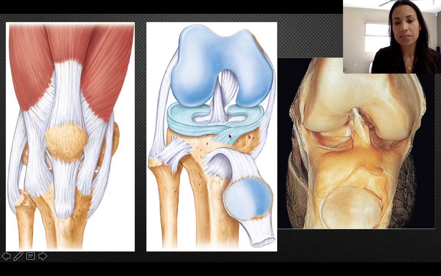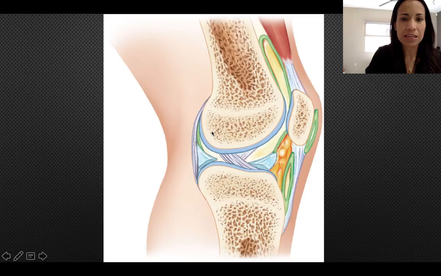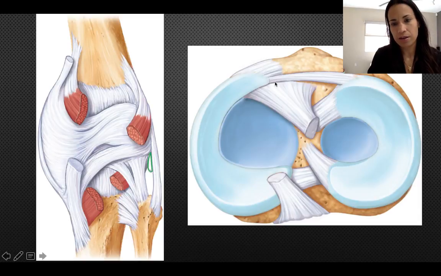This is the medial meniscus and the lateral meniscus on the same side as the fibula. They are pads of fibrocartilage that resist the compression forces applied over the knee joint, and they have the shape of a C. Can you see it right here? See? 1 and 2.